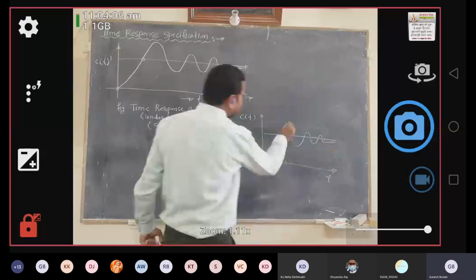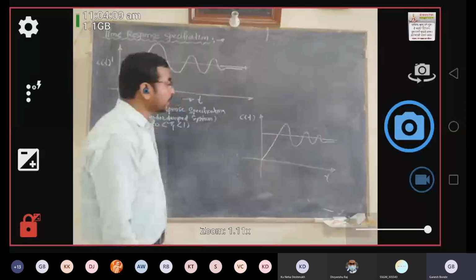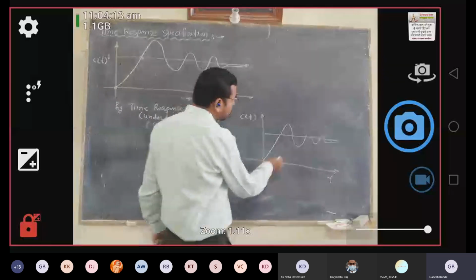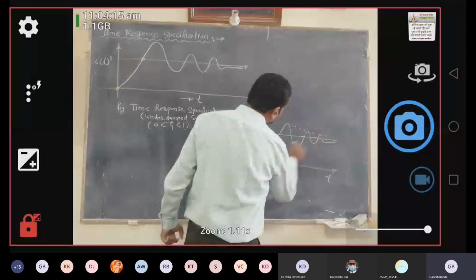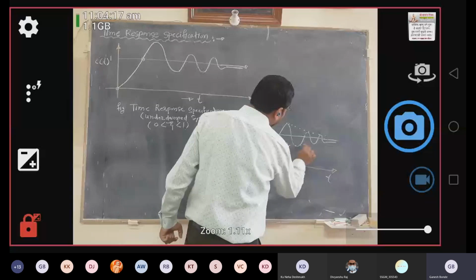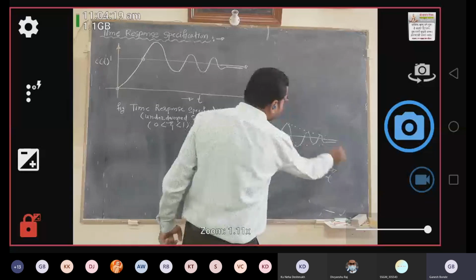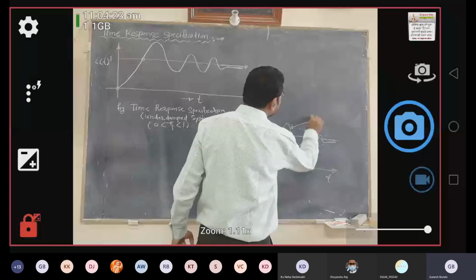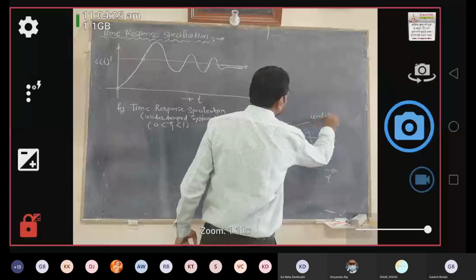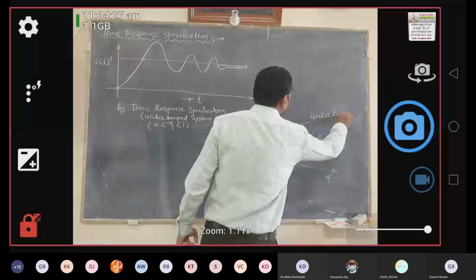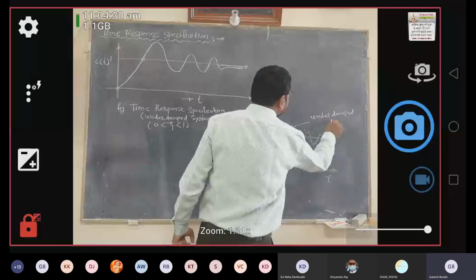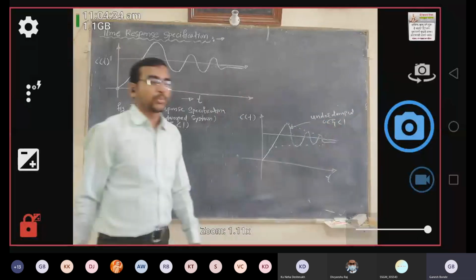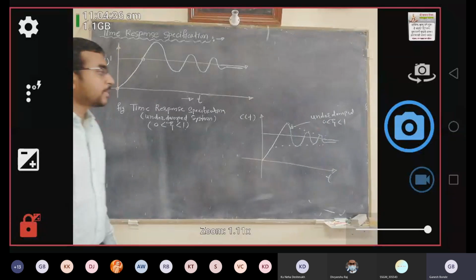This type of response is called the underdamped response. Why is it called underdamped? Because the oscillations in the response die out as the time approaches infinity. Such a response is called underdamped, and the values of zeta would be less than 1 and greater than 0.